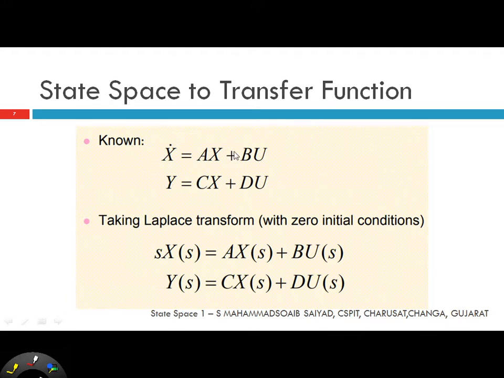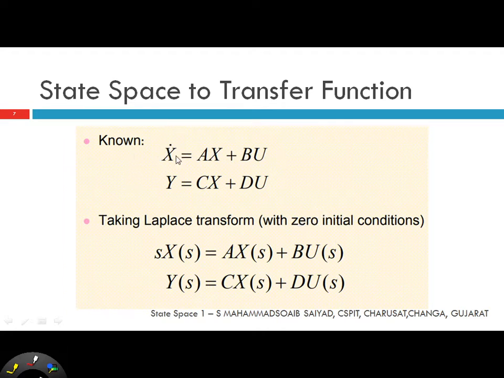We have the basic state space equations: x dot is equal to Ax plus Bu, and y is equal to Cx plus Du. Now we take the Laplace transformation, assuming the initial conditions are 0.